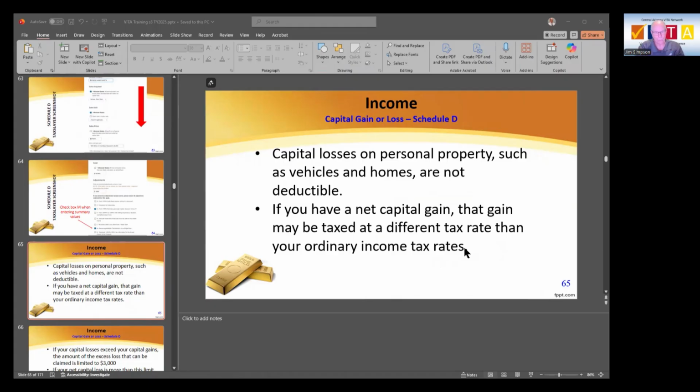I don't know how many of you might remember the 2008 collapse of the housing market where people were selling their homes for less than they paid for them. Unfortunately, they didn't get to deduct losses for those. Losses on personal assets are not deductible. However, gains might be taxable.